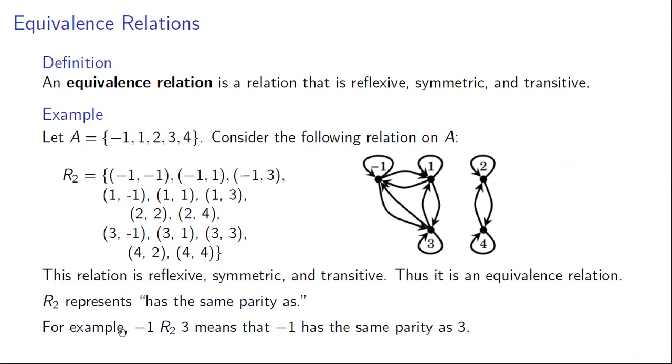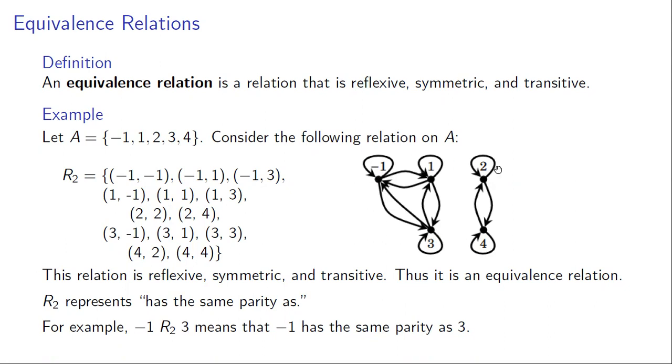For example, if I say -1 R2 3, that's true because if you look here, we have the pair -1, 3. So -1 is related to 3 using R2. What that means is that -1 has the same parity as 3. So you can see -1 is related to 1 because they have the same parity. -1 is related to 3 because they have the same parity.